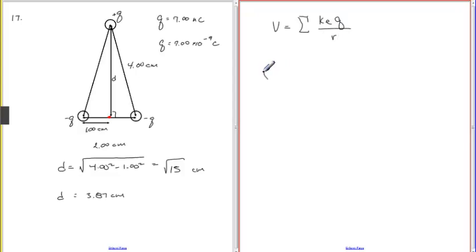So in this case, our voltage is going to be, what do we got here? We got Coulomb's constant. Coulomb's constant is multiplied by everything, so let's just factor that out. 8.99 times 10 to the 9th. And Coulomb's constant is going to be, I'm trying to remember the units of that. If we go back and think about how this was originally derived, it was K sub E Q1 Q2 divided by R squared.